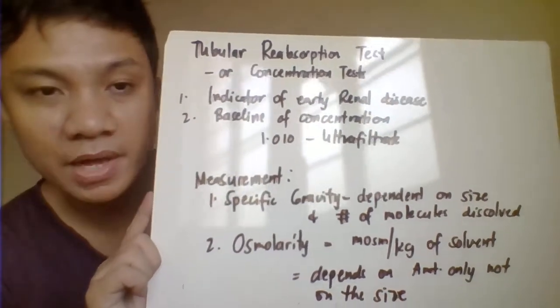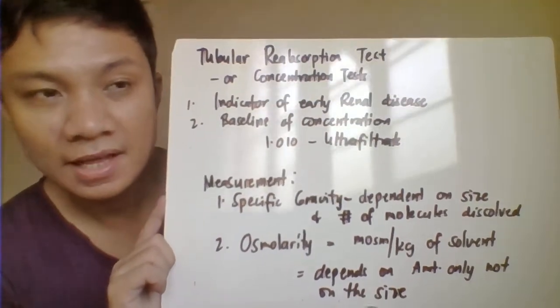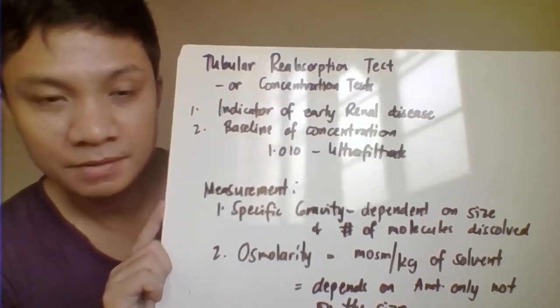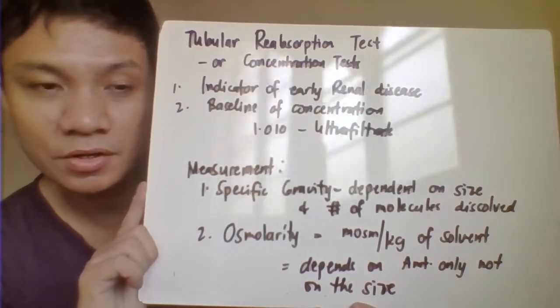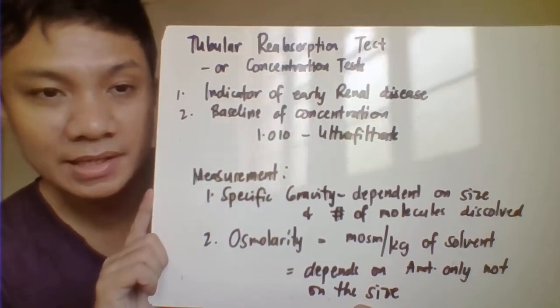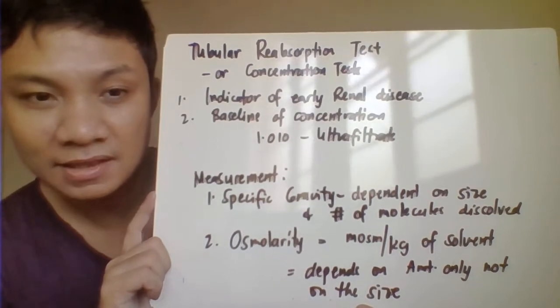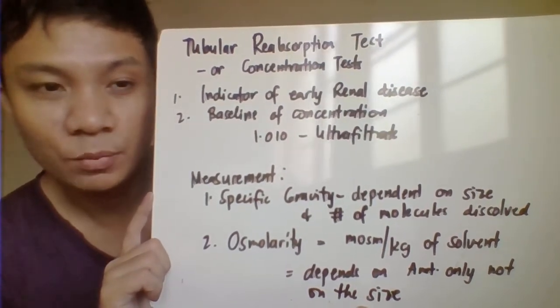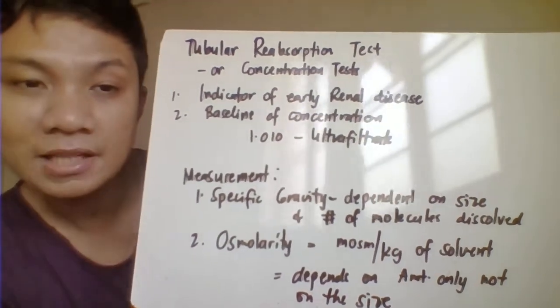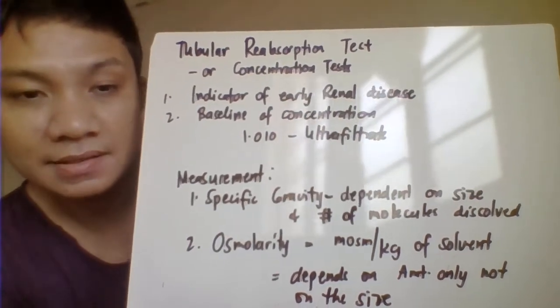Okay, now we proceed with the test for the tubular reabsorption. The test for the tubular reabsorption, you also call as your concentration test. So this is the test that would be considered a good indicator of early renal disease.